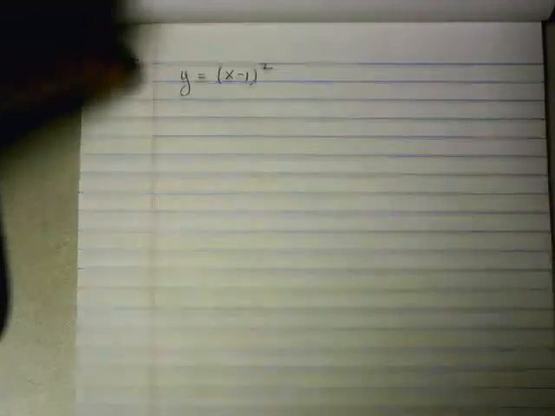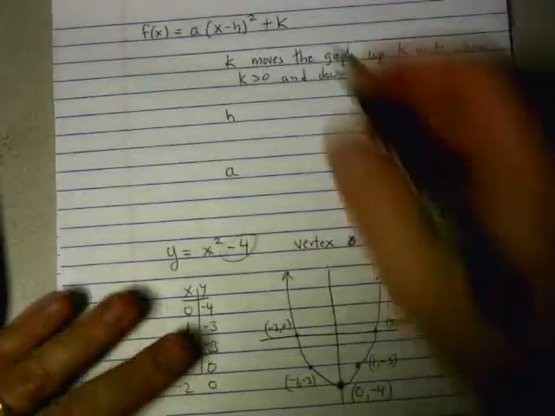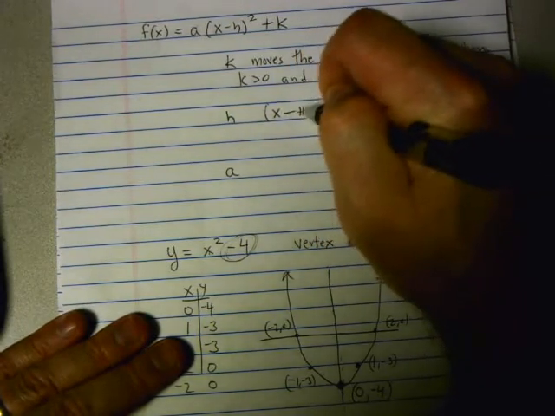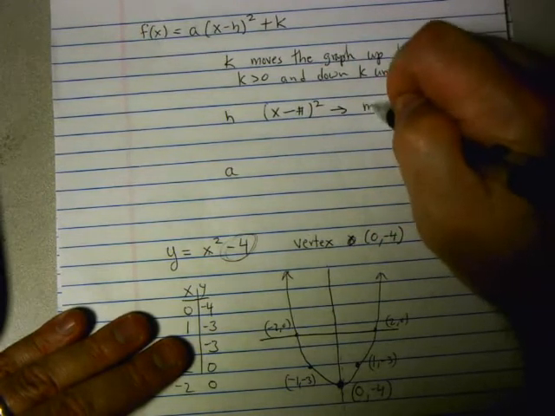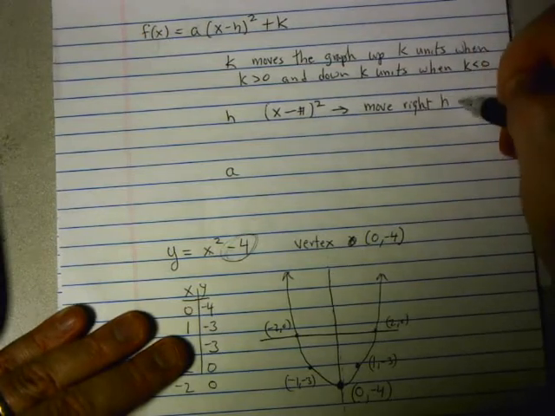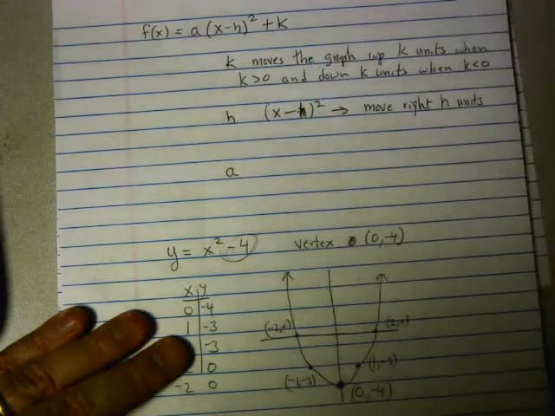Alright, so h moves left and right. If you have (x minus a number) squared, you move right h units. Where maybe instead of number I should have put h there.